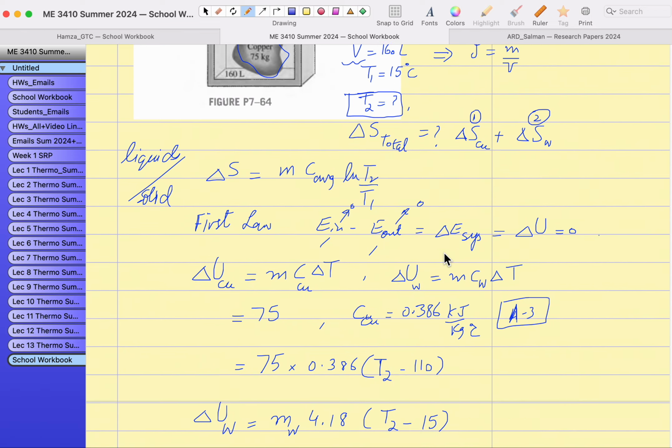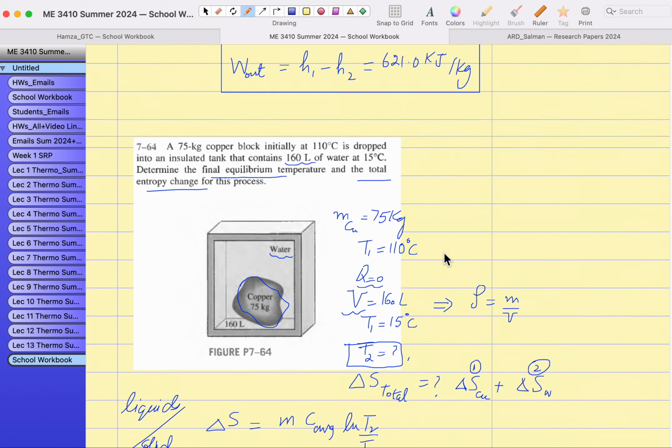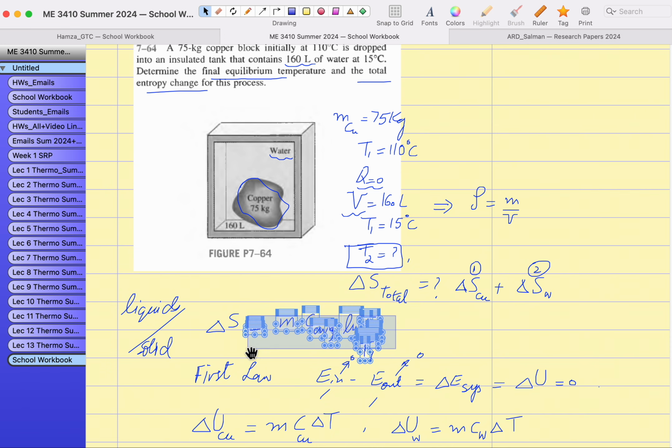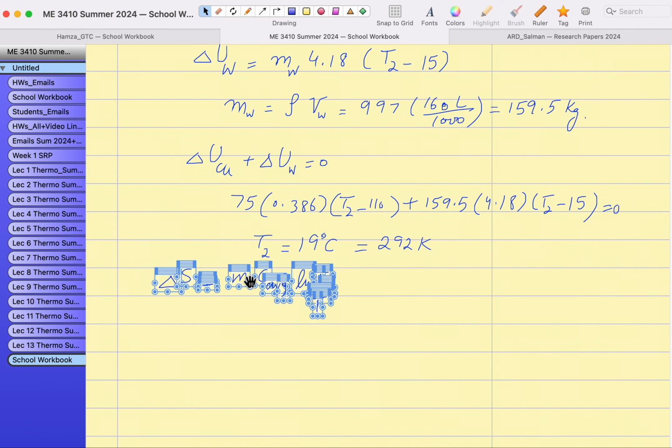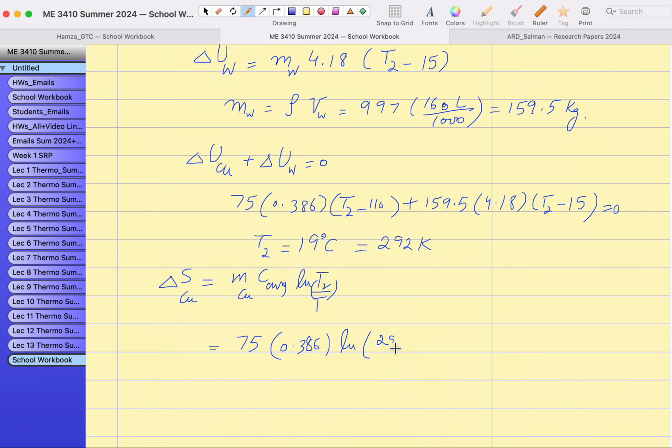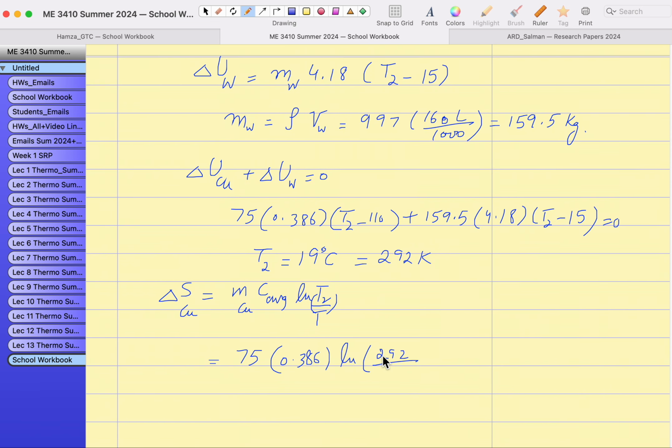Once we found the final temperature, we can find the entropy change using this formula, which we can use for both copper and water. The mass of copper is 75, C average is 0.386, ln of 292 over T1, and T1 equals 383.